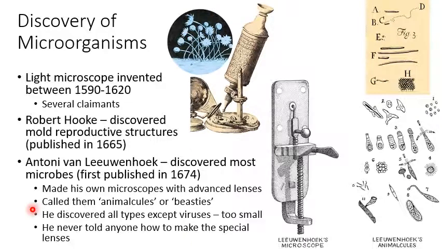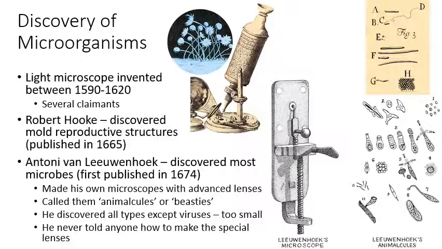Then microbes were properly discovered by this guy, Antony van Leeuwenhoek, who's generally credited with discovering microbes. He made his own microscope lenses, which were very advanced for the time, and he could see things with better magnification and resolution than anyone else could.